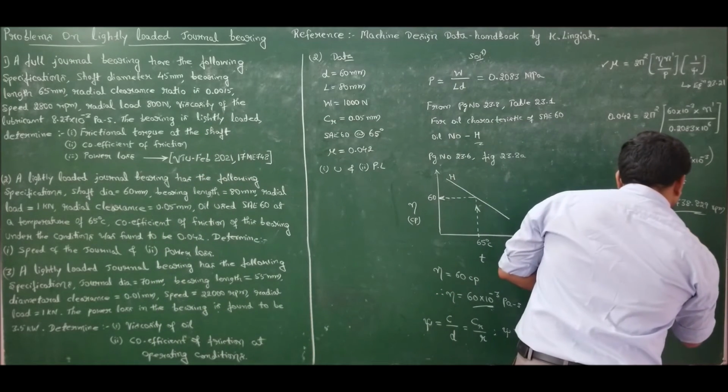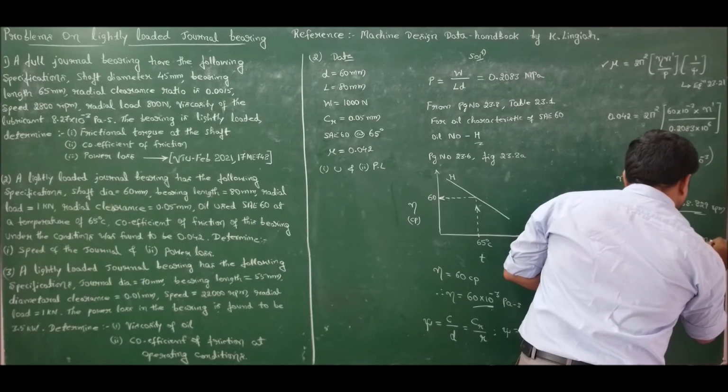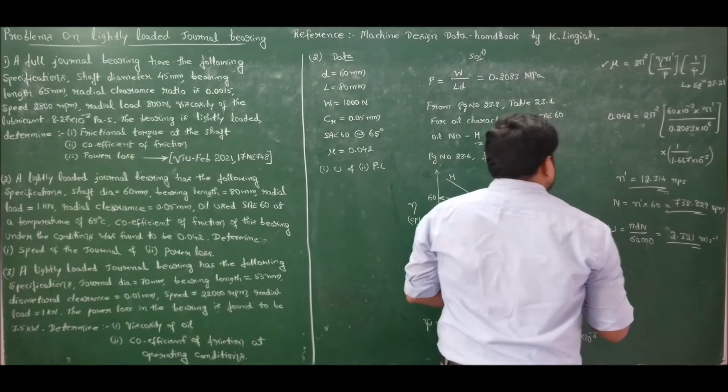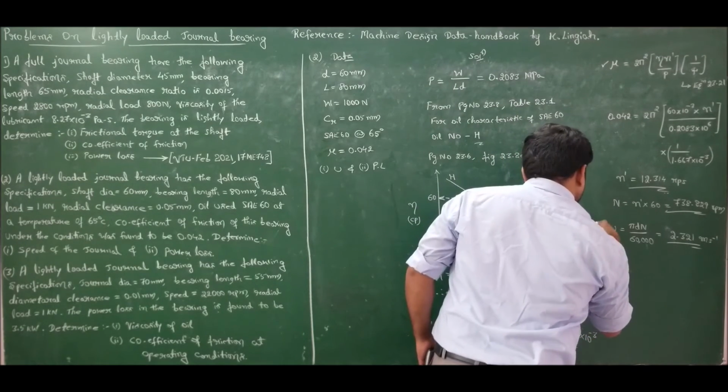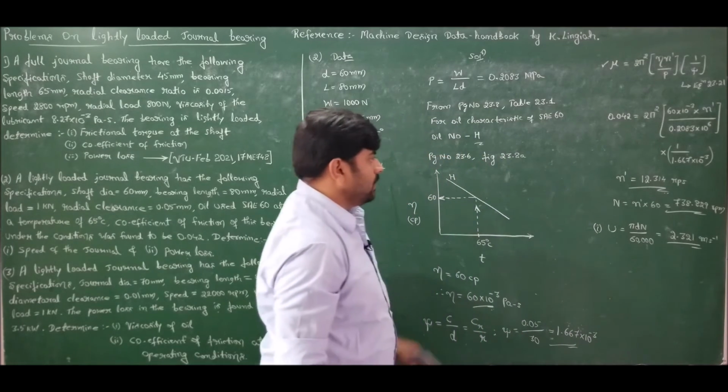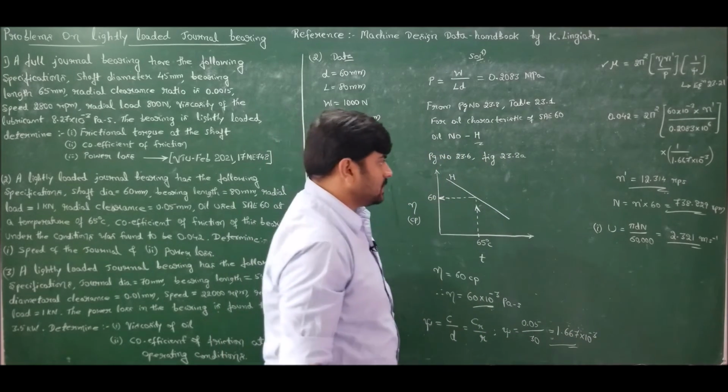So speed is 2.321 meters per second. We got speed is 738.829 RPM and velocity is 2.321 meters per second.